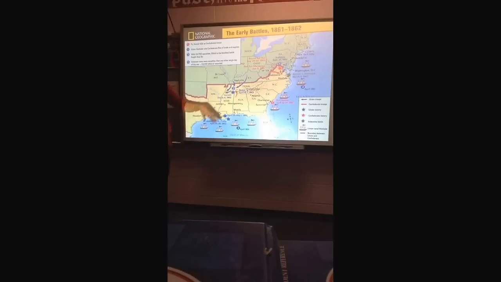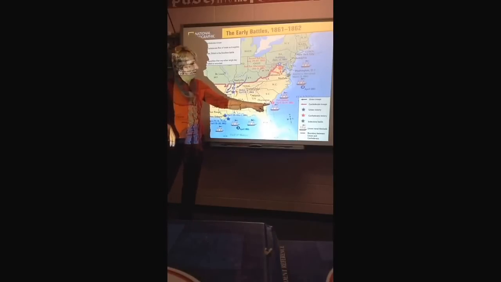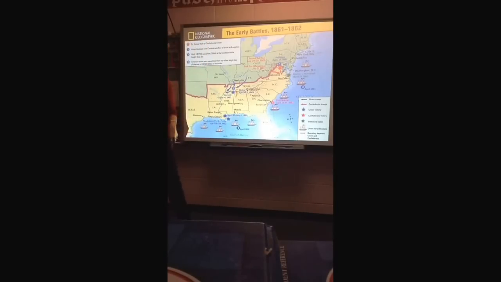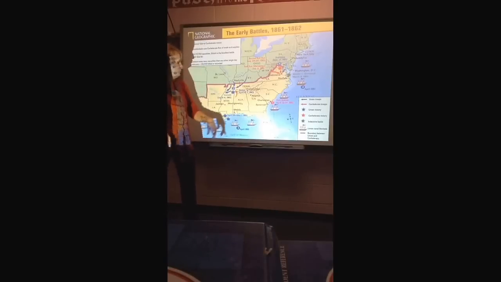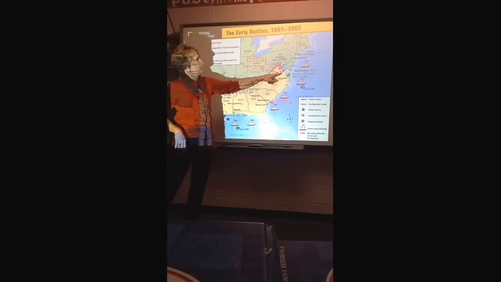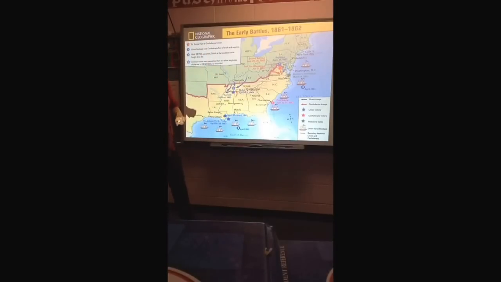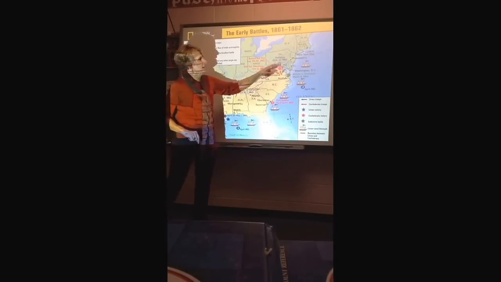And here's a map that will show you some of the battles we are looking at. Here is Fort Sumter, in relation to Charleston Harbor in South Carolina. That's the first one. Up here is Bull Run in Manassas. Then we have Shiloh, and then we have Antietam.